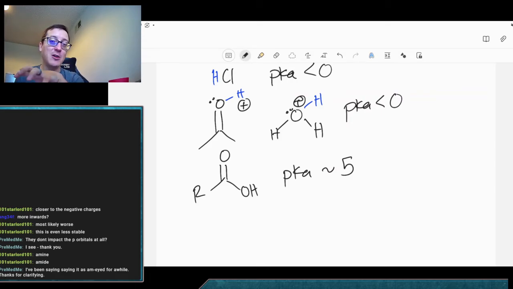Remember, a pKa unit is a power of 10. So this carboxylic acid, compared to one of these original ones, is at least 100,000 times less acidic than those three molecules above. Remember, these are powers of 10, so 10 to the 5 times less acidic with a higher pKa.